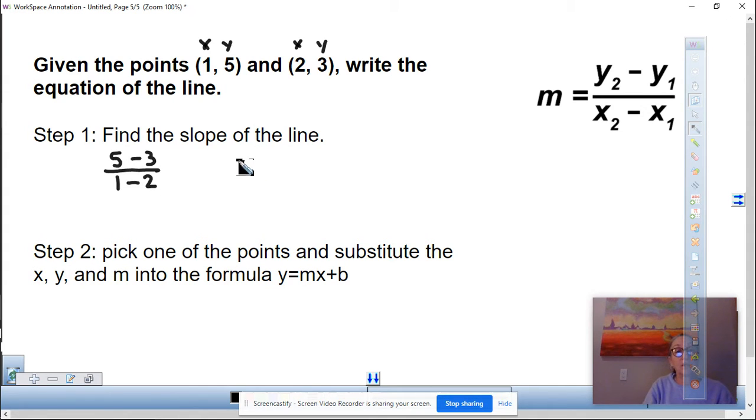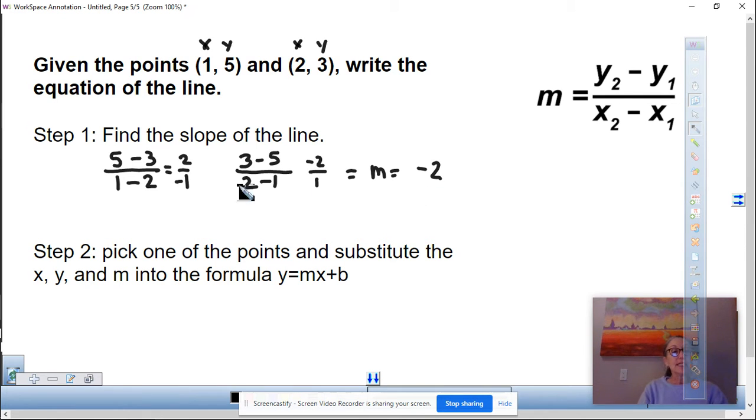Or if you want to do it the other way, we can say 3 minus 5 over 2 minus 1. You'll find we get the same thing. Here I get 2 over negative 1. And on this one, I get negative 2 over positive 1. Comes out to the same thing, and the slope of this line is equal to negative 2.